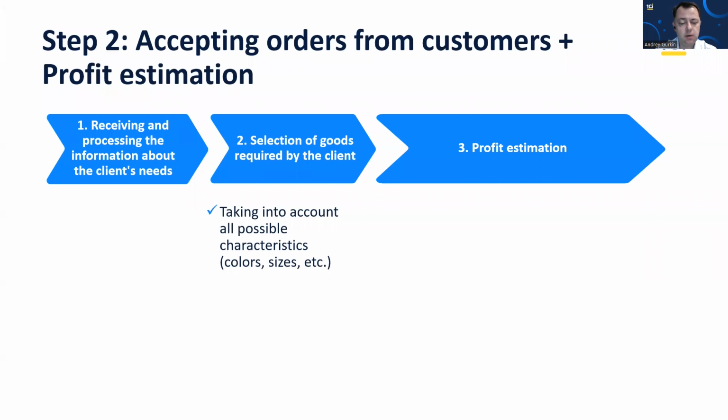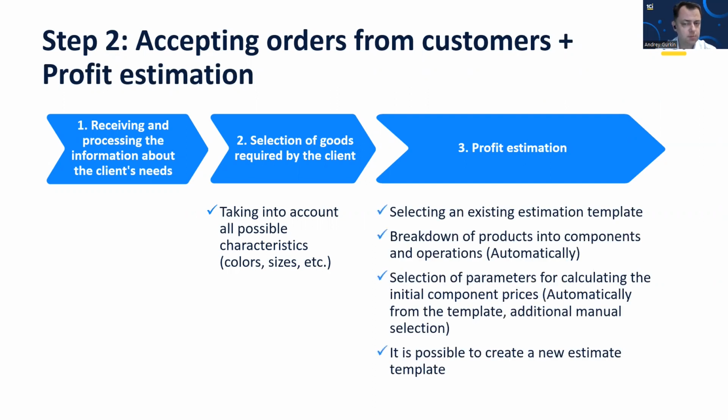In the future release, we will use the same technique regarding the selection of goods required by the client. But regarding profit estimation, we can select either the existing estimation template or we can create another one.